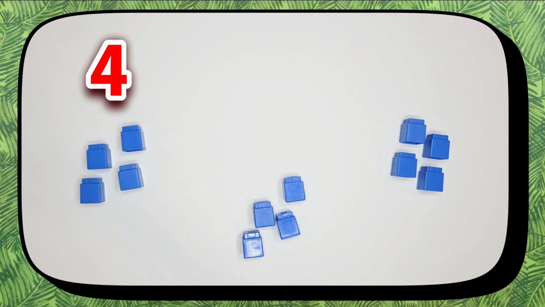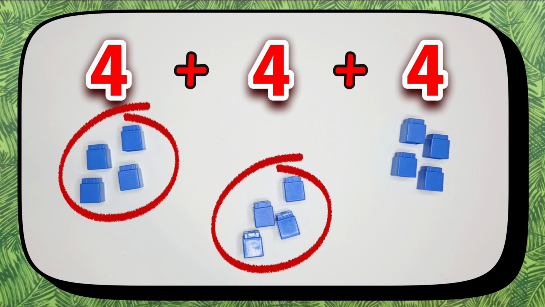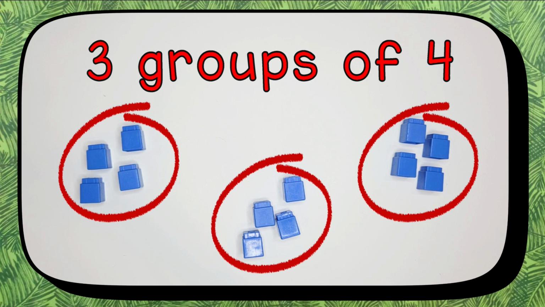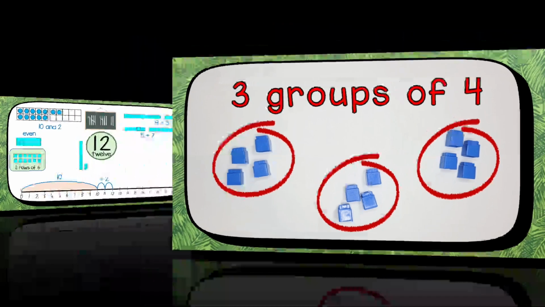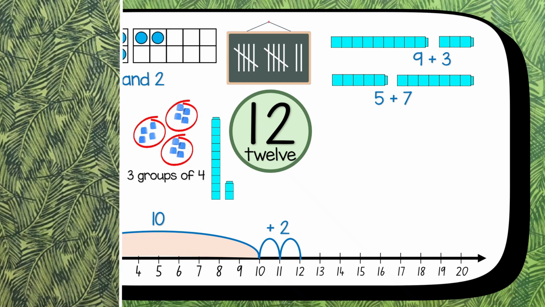And this group? 4. And how about this group? 4. 4 and 4 and 4 make 12. That's 3 groups of 4. Another way to show 12. Look at that! 3 groups!